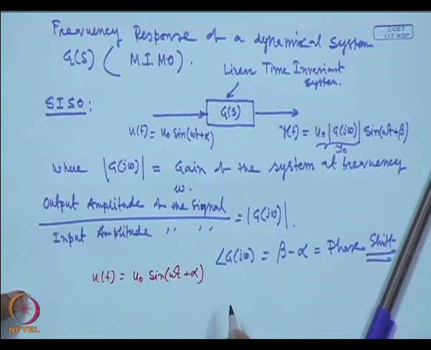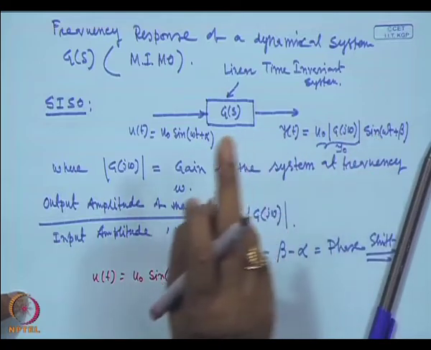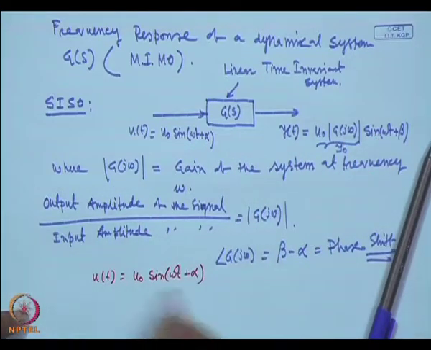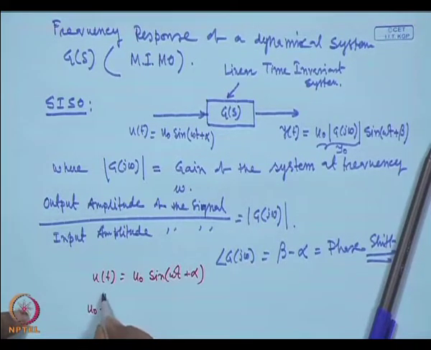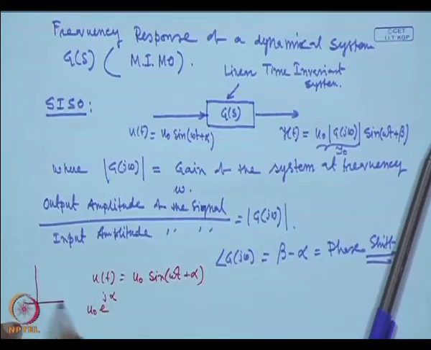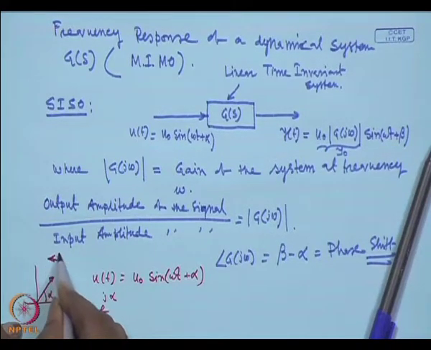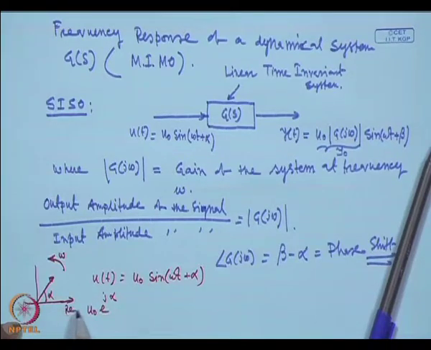If you represent it as a phasor quantity, it is a vector rotating with a constant angular velocity ω. So, I can represent it by u0 e^(jα), and this is the vector. Magnitude is u0, phase angle is α, and that vector is rotating with the angular velocity ω. You can say this is the real and this is the imaginary axis.